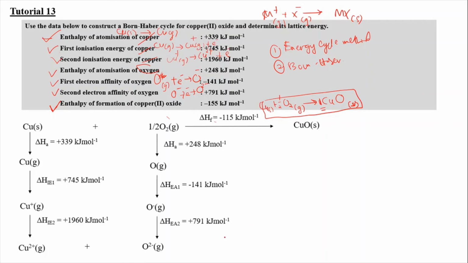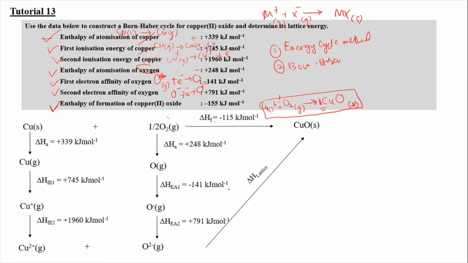So we have to make another arrow here from the gaseous ions to form a solid state ionic compound. This is known as the lattice energy. And the whole process here is known as the energy cycle method.